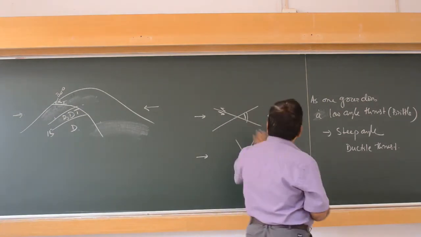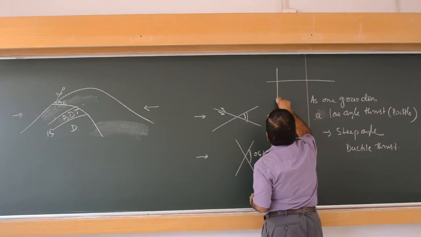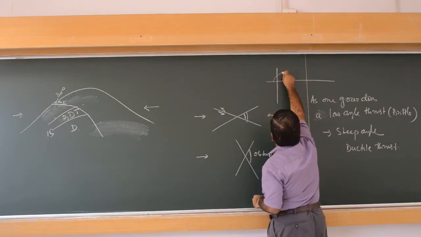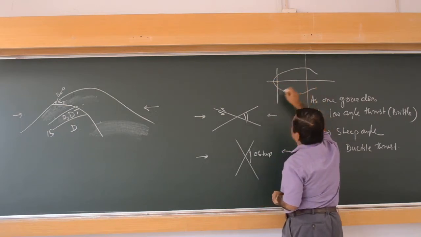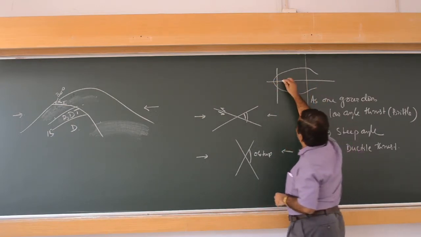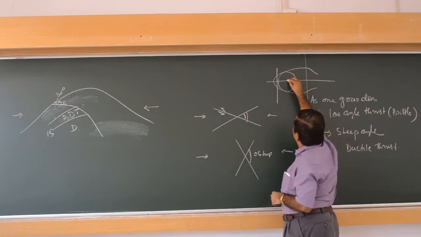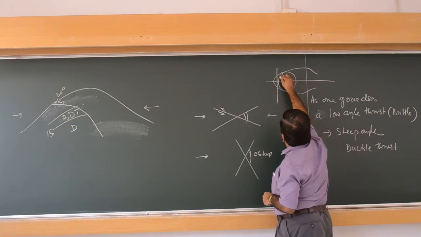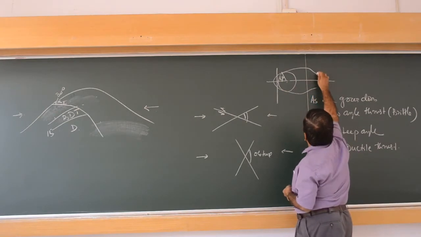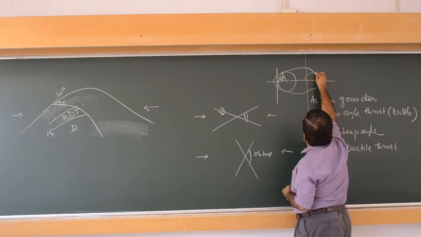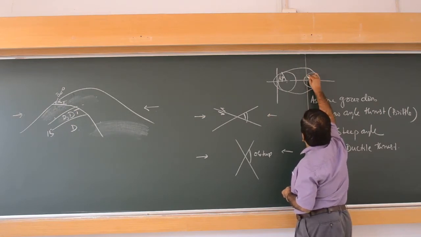See, this you can explain with the help of this Mohr envelope. Mohr envelope will take a turn like this. So in the compression zone, the circle is like this. So this angle is 60 degrees in the compression. But if you go to ductile zone, the circle will touch this side. So this angle is 120 degrees.